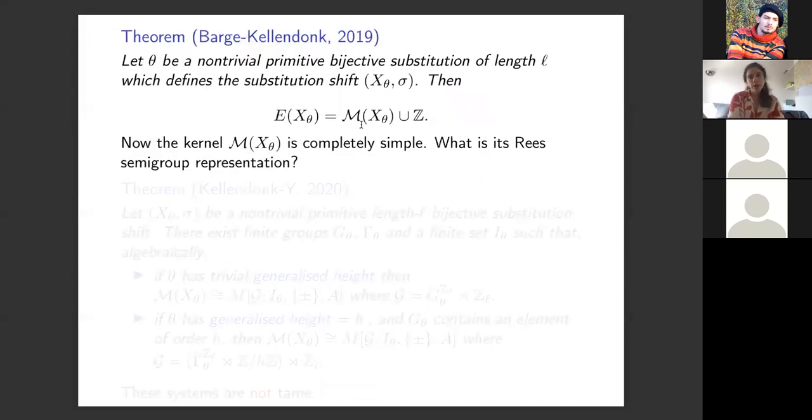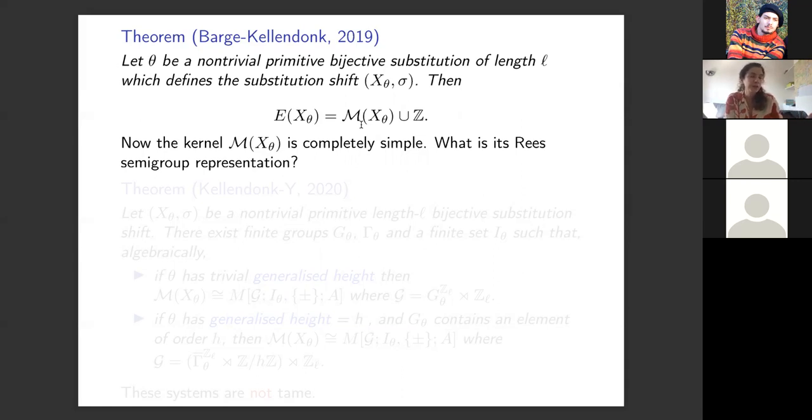All right, so with Marcy Barge, last year, Johannes proved a very nice result. What they proved was the following. If you start off with a bijective substitution of length L, then its Ellis semigroup is the kernel union with the action. Z here represents all powers of the shift. And what they showed is that there's nothing else.